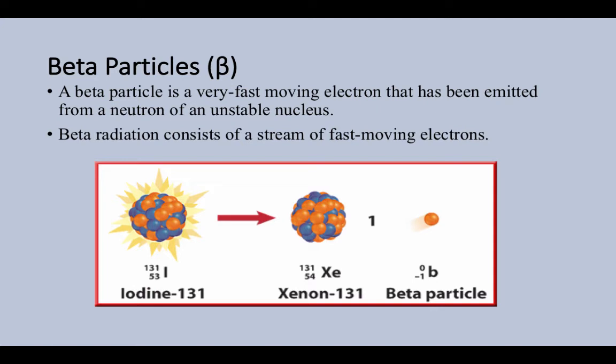What happens is it ejects an electron produced by a neutron from an unstable nucleus. Beta radiation consists of fast-moving electrons that stream out of a nucleus until it becomes more stable. So you can see in this situation, iodine 131 turns into xenon 131, and you notice that the top number doesn't change, and the bottom number increases by 1.